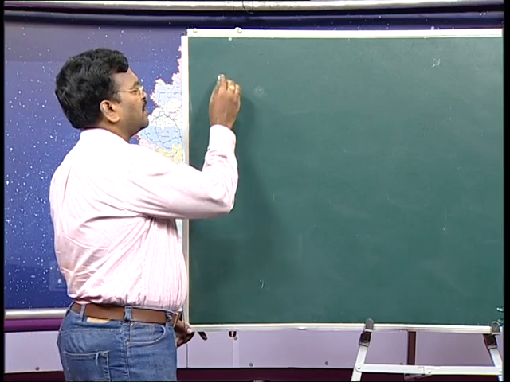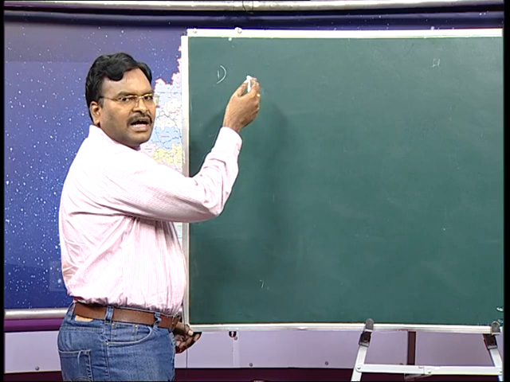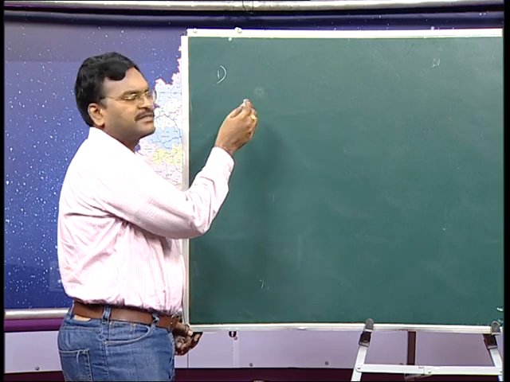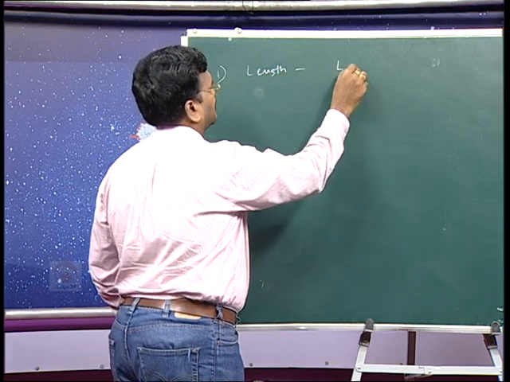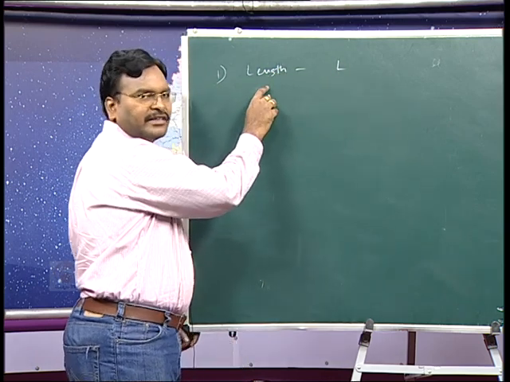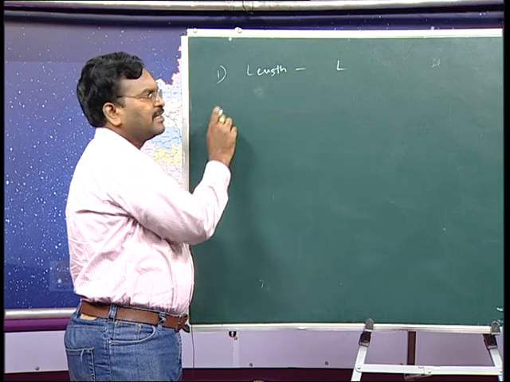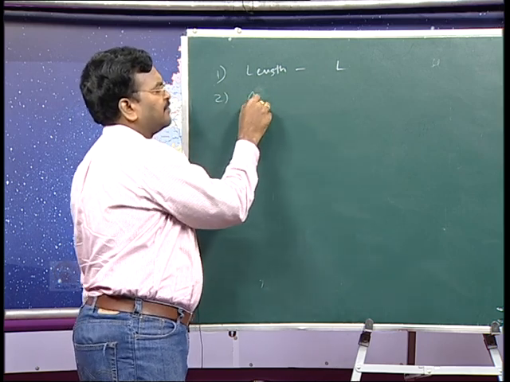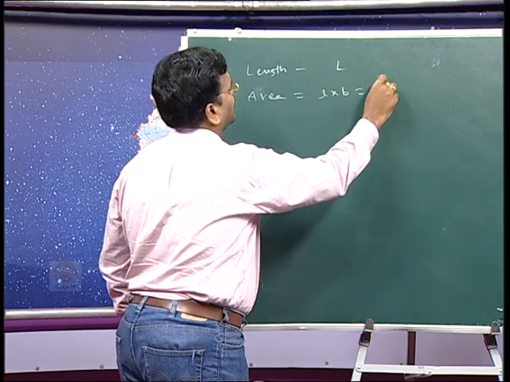Now first of all, as I already told: length, breadth, height, wavelength, radius, distance, displacement, diameter, all have dimension L. Next, area: length into breadth gives L square.